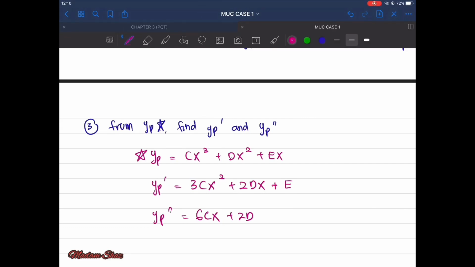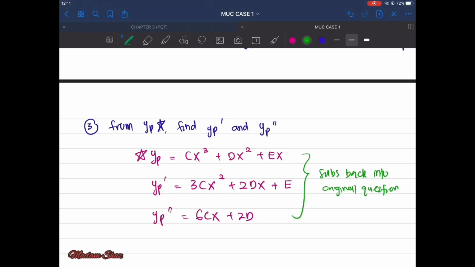So from our YP, YP prime and YP double prime, we need to substitute back into the original question. So why do we need to substitute back into the original question?